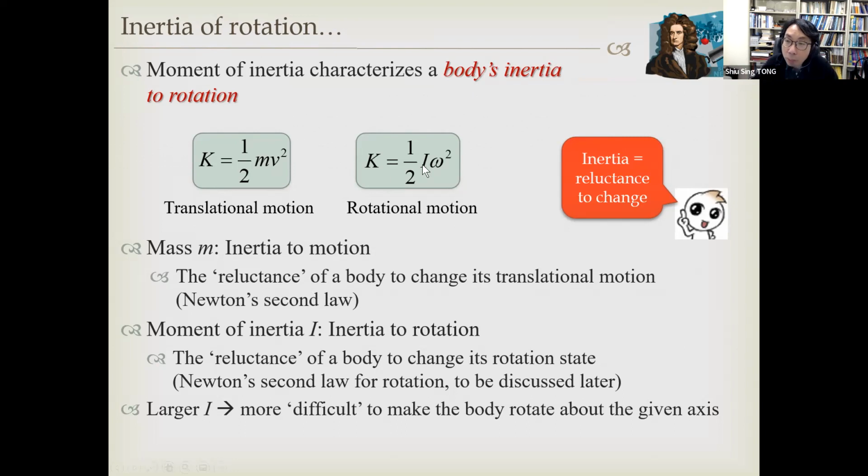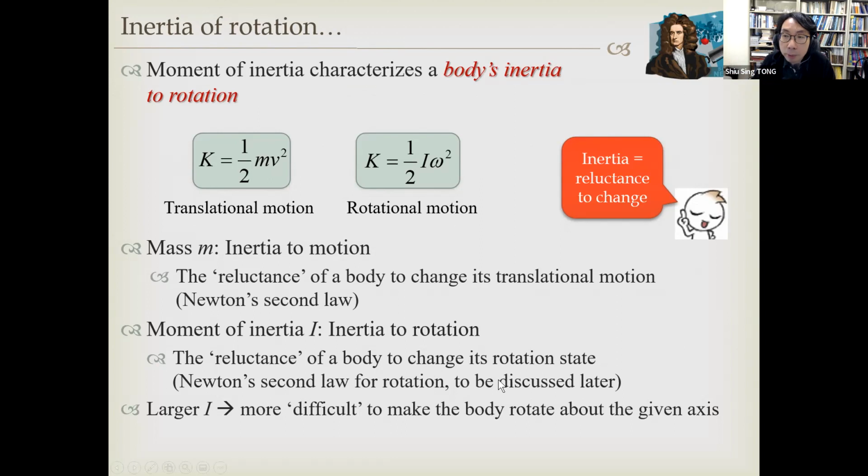And in fact, the moment of inertia I plays the same role for rotation. It refers to the reluctance of the body to change its rotational state. So if you find a body with a large moment of inertia, it means that it is very difficult to set it into rotation. Or once it is in rotation, it is very difficult to slow it down and stop it. Okay, so that is the physical meaning of I. In the following discussion, we will find Newton's second law in the rotational form.